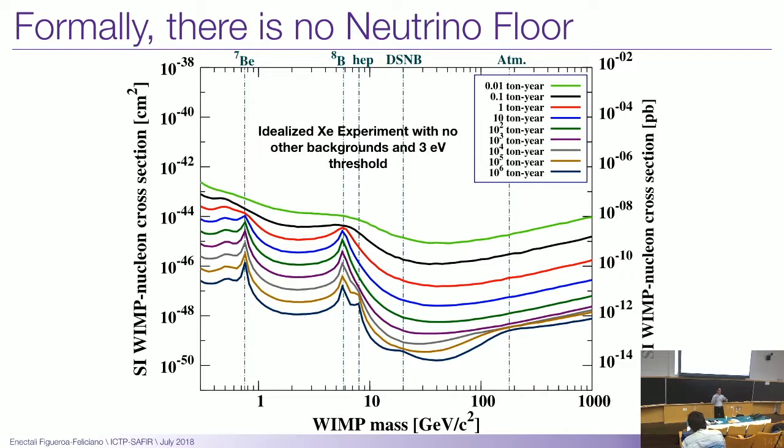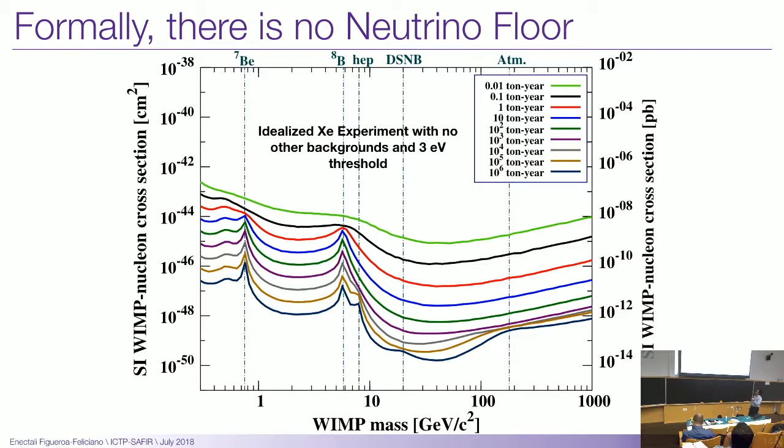If I have an infinite exposure, I would be able to see that difference exactly, and there would be zero uncertainty between the neutrinos and the dark matter. Does that make sense? And so formally there's no neutrino floor, because if I keep getting the exposure up, I can basically distinguish better and better between dark matter and neutrinos.